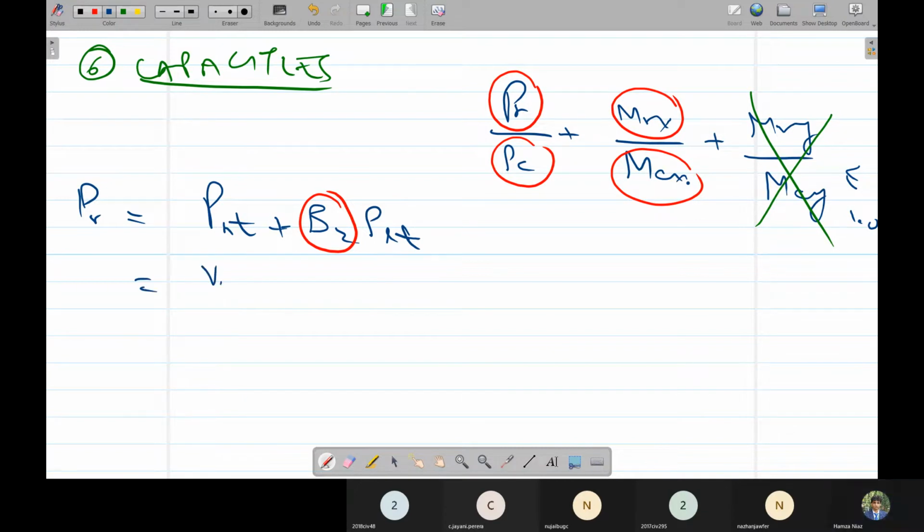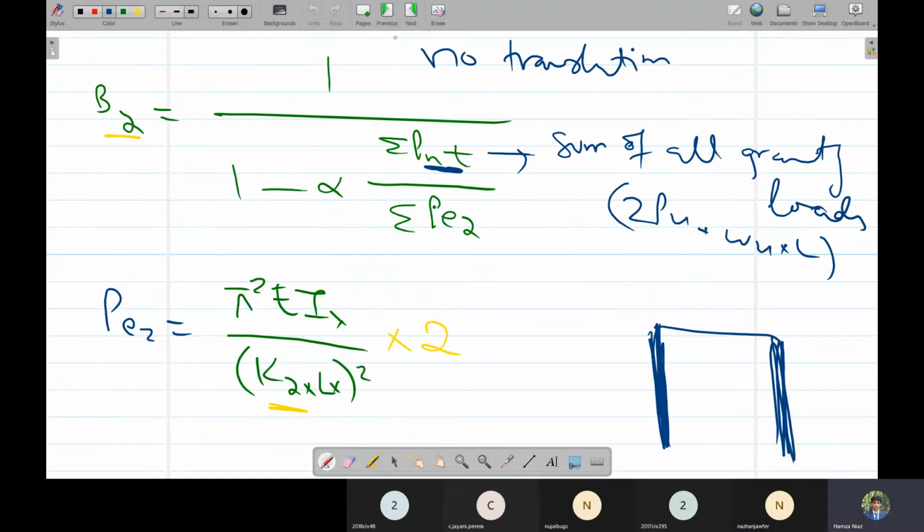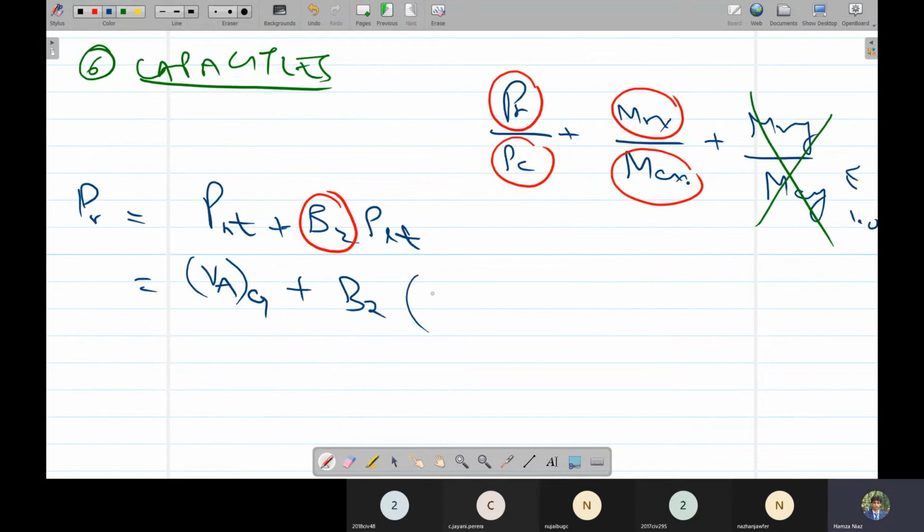PNT is the axial force from gravity loads only, and PLT is the axial force from wind load plus the axial force from motion of both.